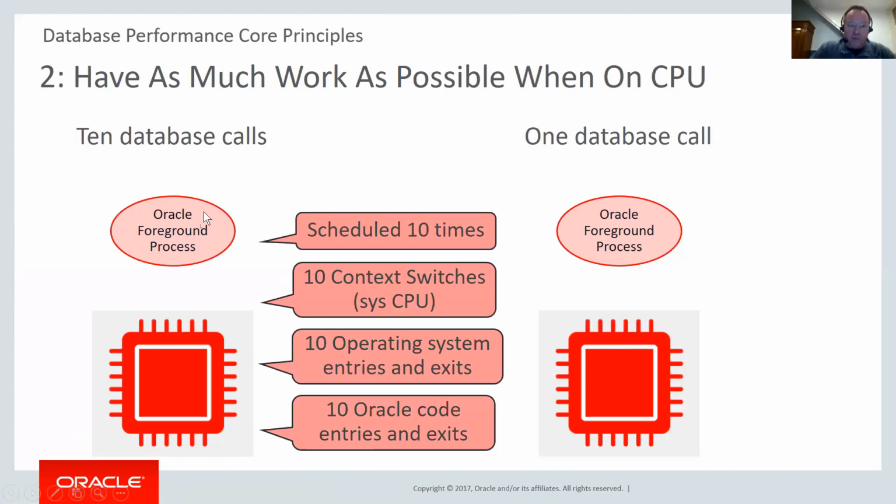And going back up again is the overhead, going back all the way to the other side. I talked about this earlier. So it's getting scheduled 10 times, 10 context switches, 10 operating system code paths need to be run, 10 Oracle code paths need to run before the actual SQL can get run. And this all adds up and becomes a significant amount of the CPU being burned on the database server.